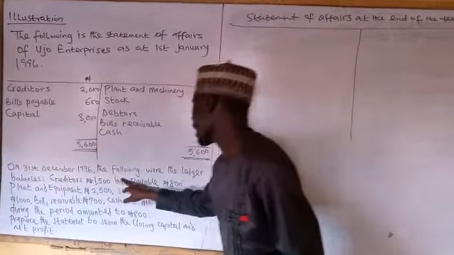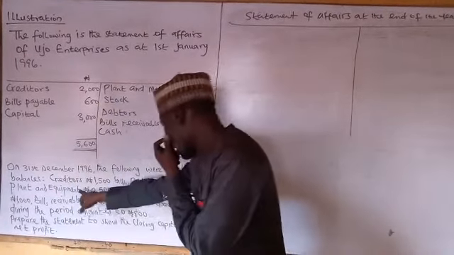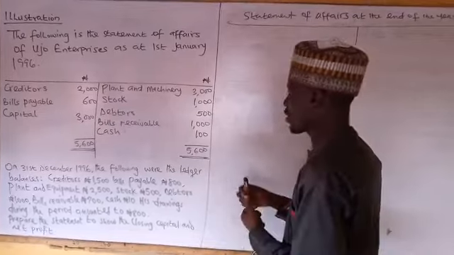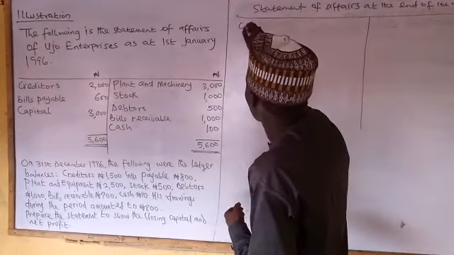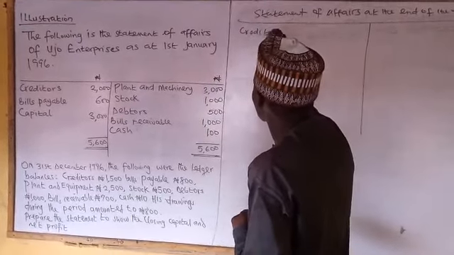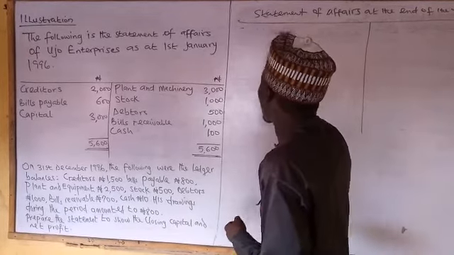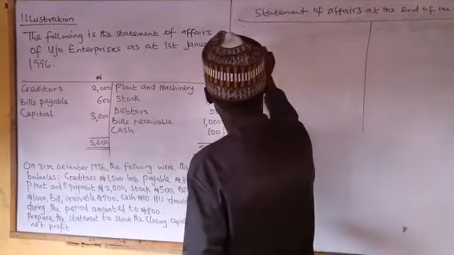From 31st December, the following were the ledger balances. Creditors: you can say current liabilities.